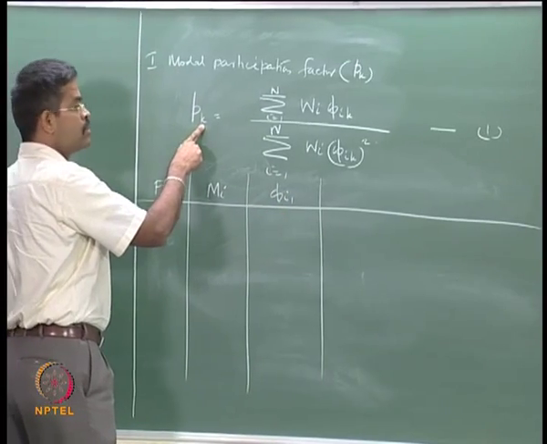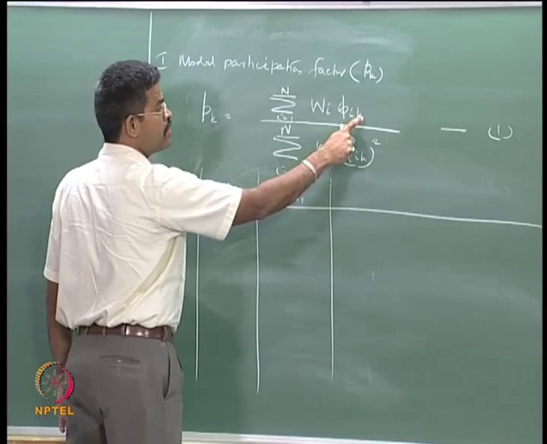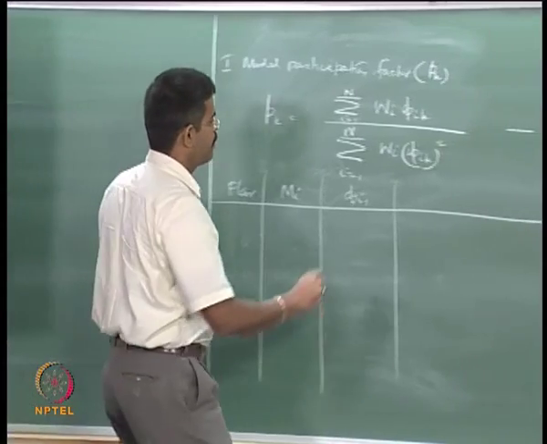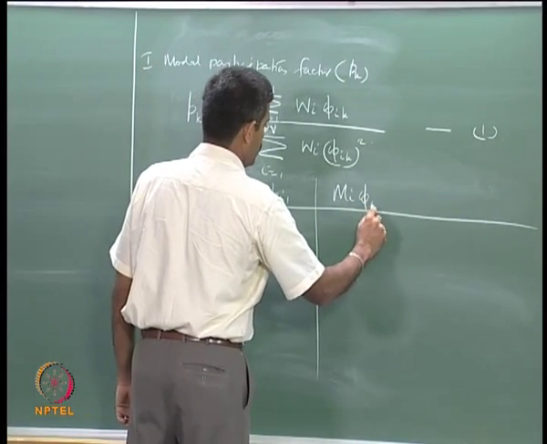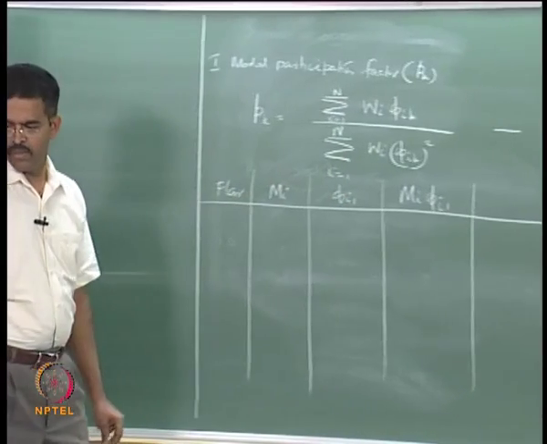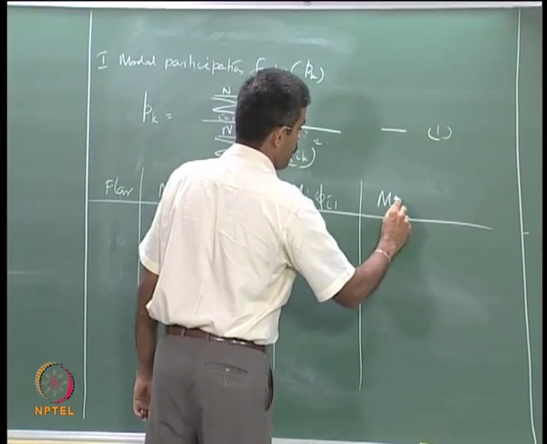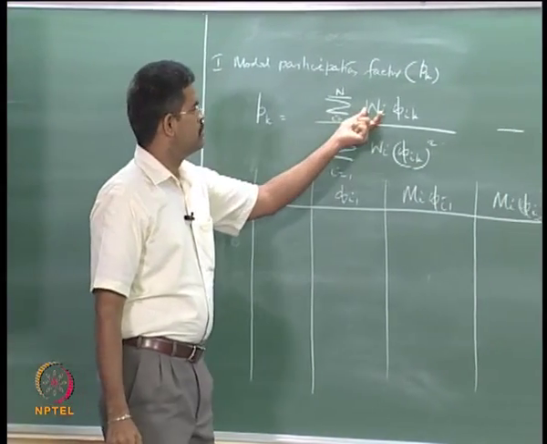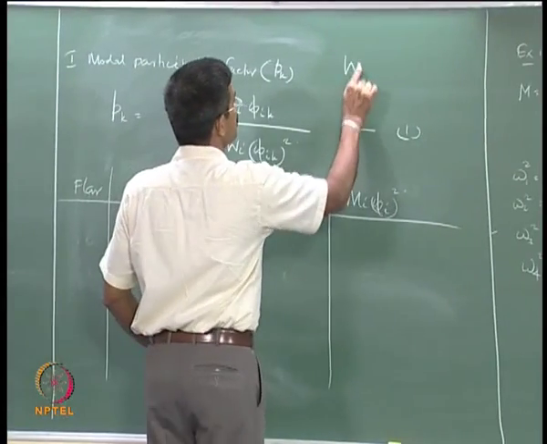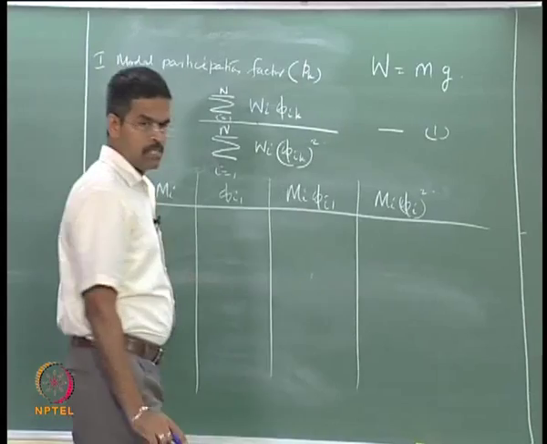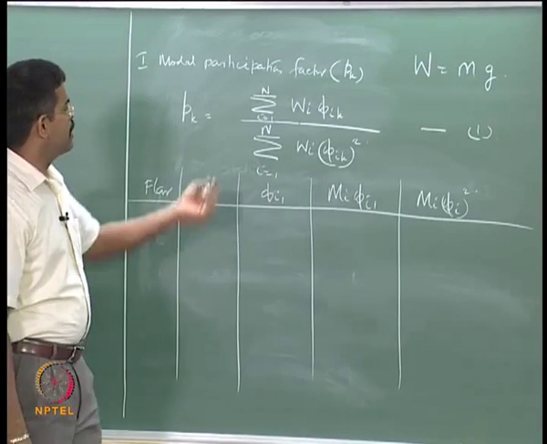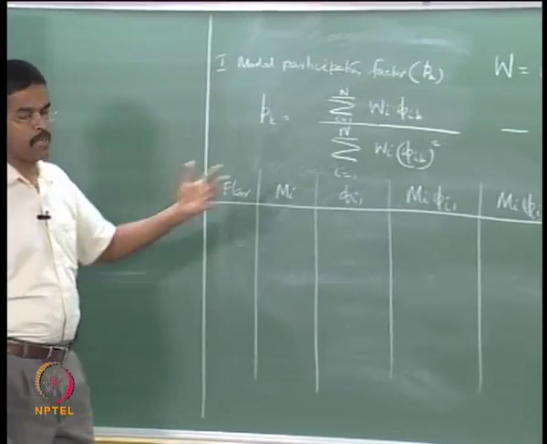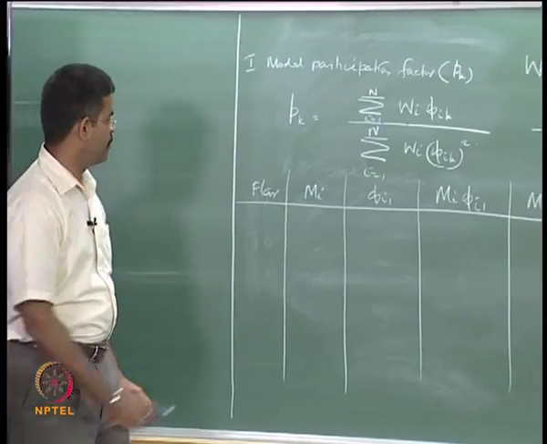I am talking about P1, so the summation is from 1 to n, that is only for i; this k will always associate with P1, so it is the first column of the vector. So I should say Mi phi i1 and Mi phi i1 square. You may wonder that here I have got W's, here I have Mi's. W is mg, so strictly speaking I must multiply the numerator as well as the denominator with g, so they get cancelled. I can use m as well; there is no implication in the calculation.